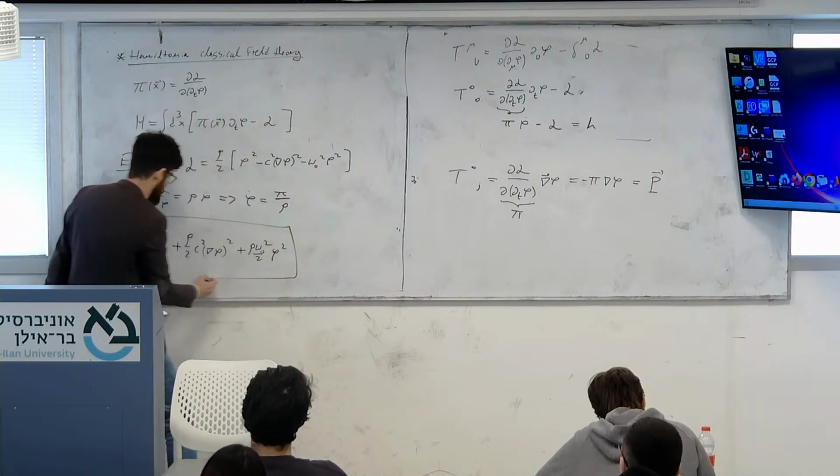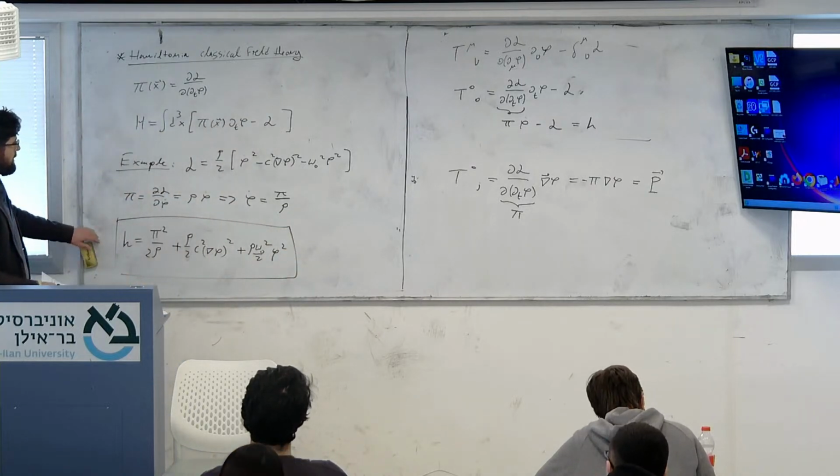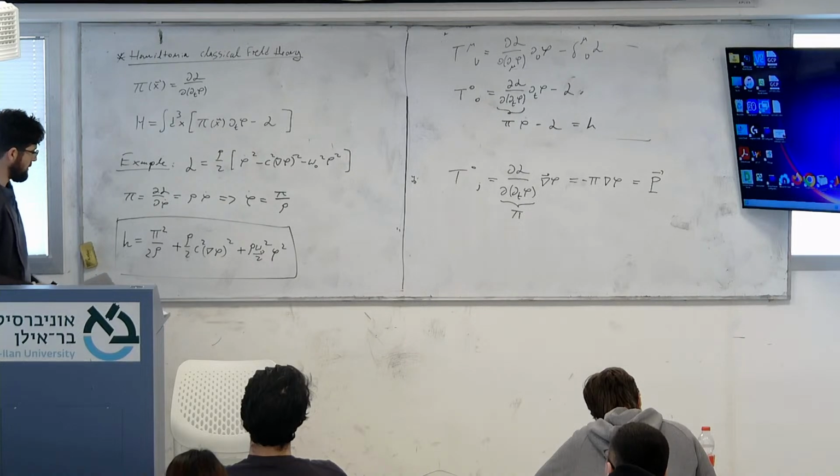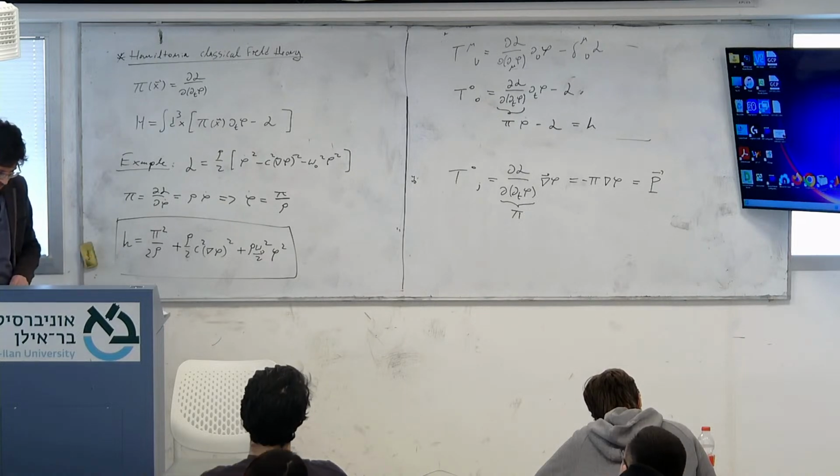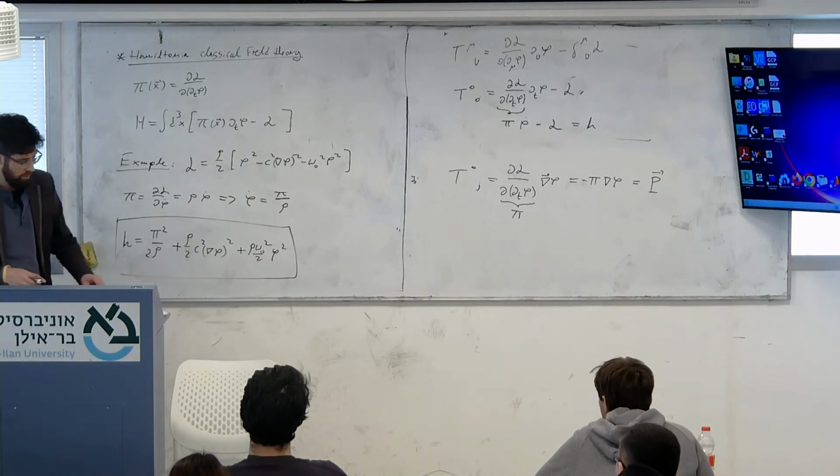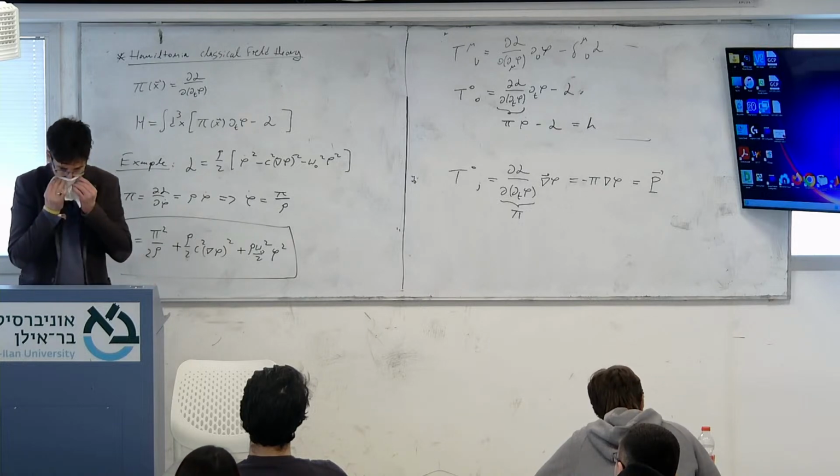And this is the Hamiltonian, which is associated with this Lagrangian, which is just the energy density. Okay, so that's the Hamiltonian.